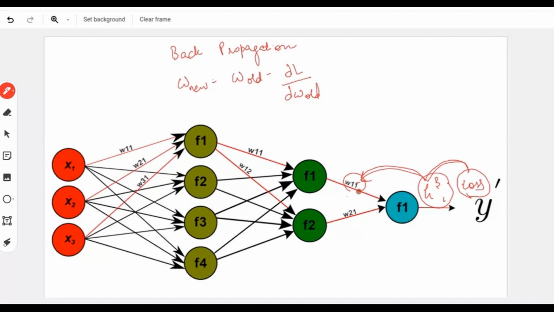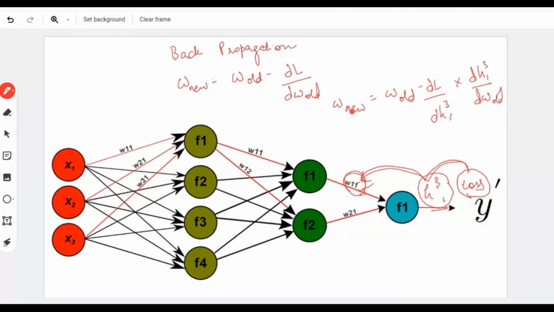So for this weight here, I am not going to write the numbers because it will get very confusing. So let us just keep this: the new weight will be equal to old weight minus differentiation of loss with respect to first the output, and then differentiation of this output with respect to the weights here.